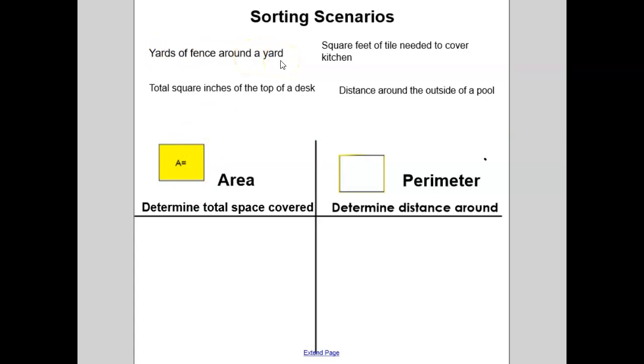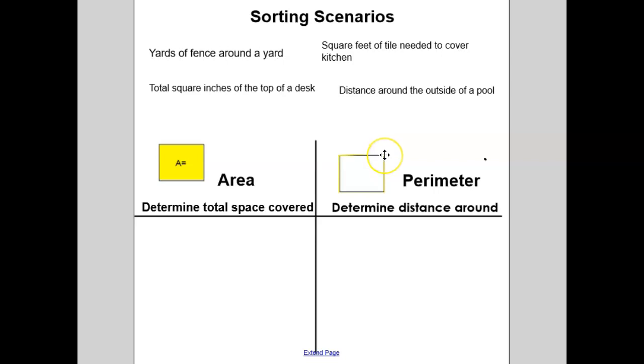Okay, so Mrs. Moore sees that it says around a yard. I know that that's not referring to the total amount of space the yard is covering. It's only referring to the space right around the edge of a yard. So I know it's referring to the fence that goes around the yard.